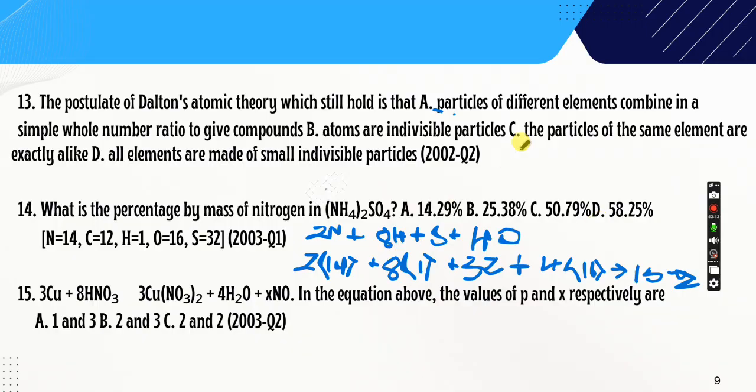2 times 14 is 28. It will be 28 over 132, everything multiplied by 100.